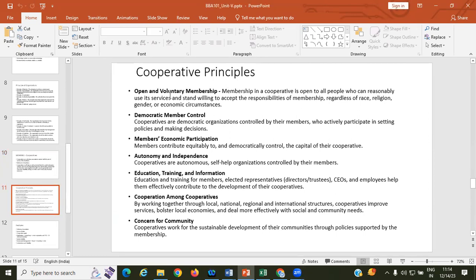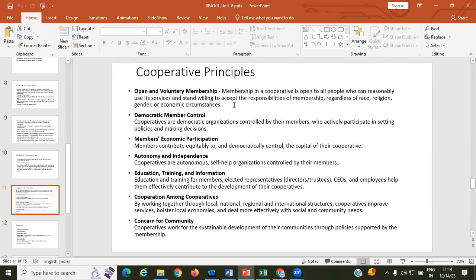These are the principles. Open and voluntary membership. In the meaning I said, it is voluntary, no one is forcing. Membership in a cooperative is open to all, so anyone can join this.